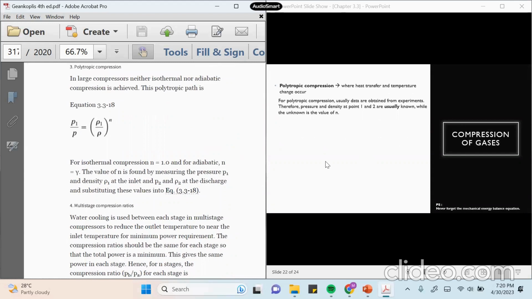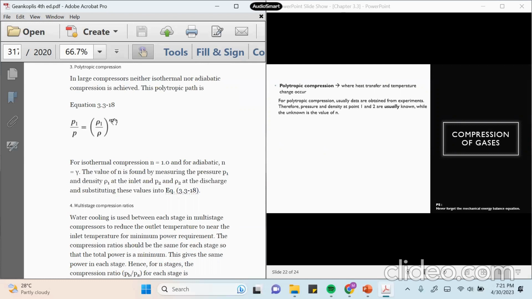Okay, and then the third type of compression is polytropic compression, where heat transfer and temperature change occur. For polytropic compression, usually the data are obtained from experiments. Therefore, pressure and density at points 1 and 2 are usually known from the problems, while the unknown is the value of n. Similar to adiabatic, where we have gamma, in polytropic we have n.